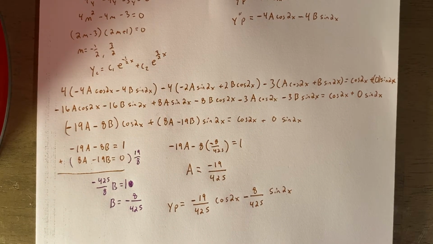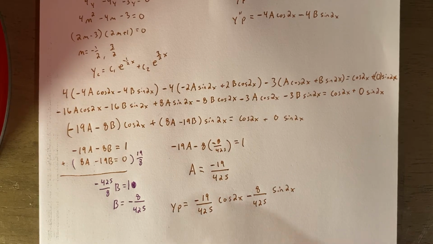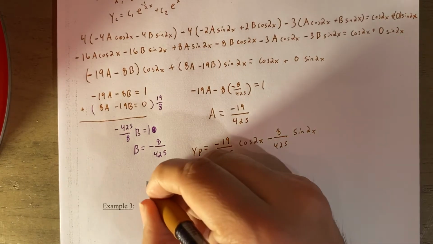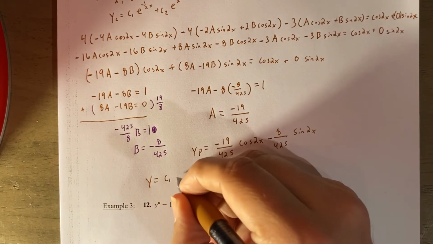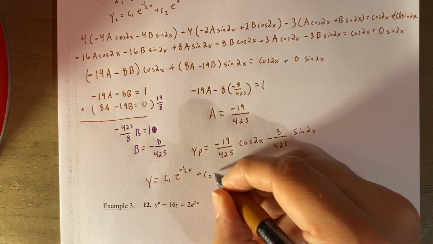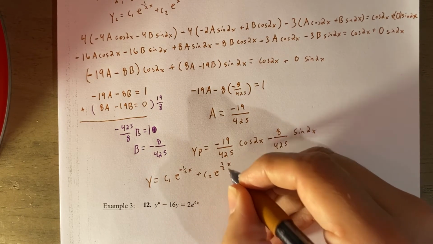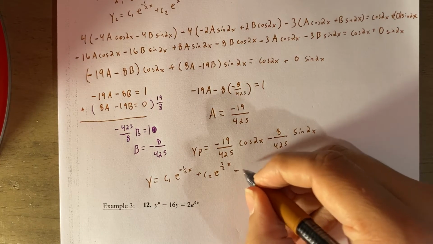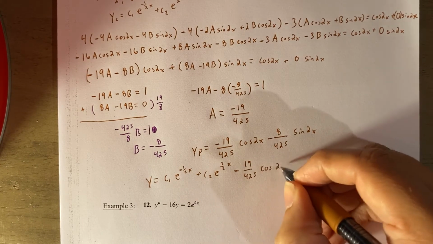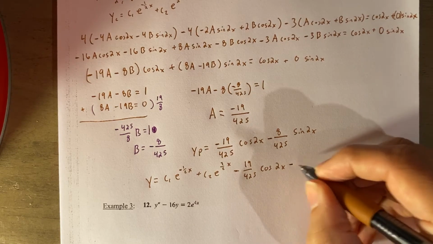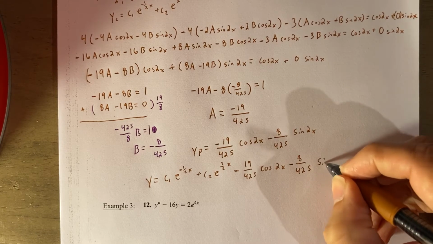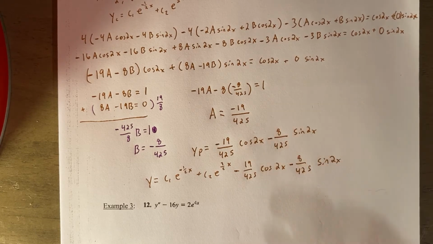Now, I want to write the general solution, so I'm going to combine my y sub c and my y sub p. So the general solution is just going to be y equals c sub 1 e to the negative 1/2 x plus c sub 2 e to the 3/2 x minus 19 over 425 cosine of 2x minus 8 over 425 sine 2x.